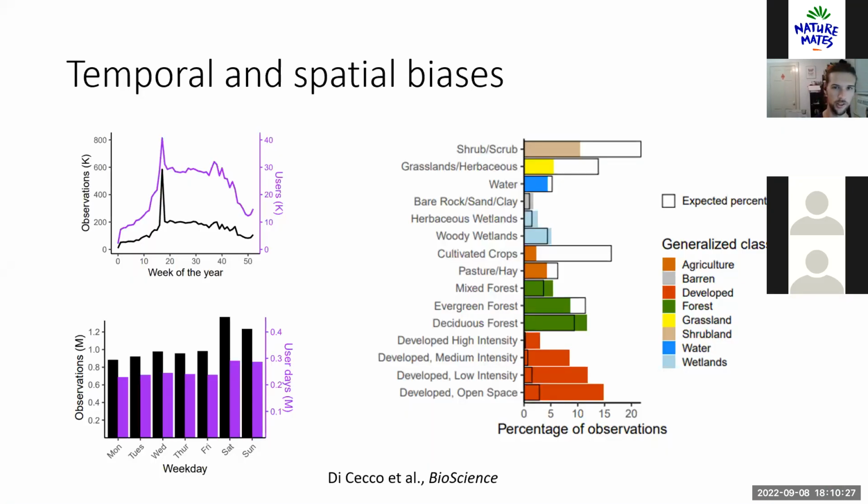There are also temporal and spatial biases, so effort is not consistent across a year or in locations. There are more observations posted on the weekend, for example. The City Nature Challenge every year creates a huge spike in observations, and most of the sampling is in developed areas. That is way more than you would expect by chance, given how much urban areas actually take up on the landscape.